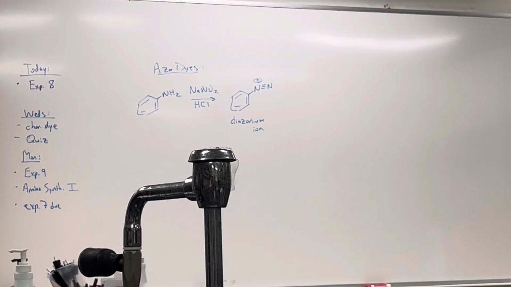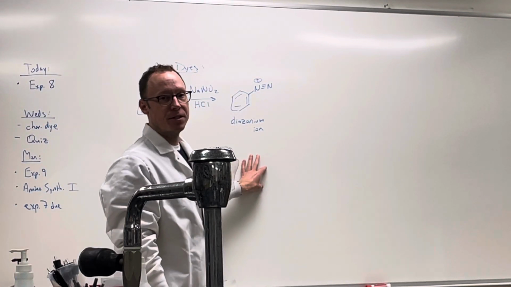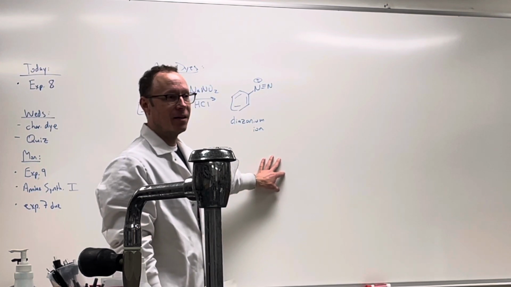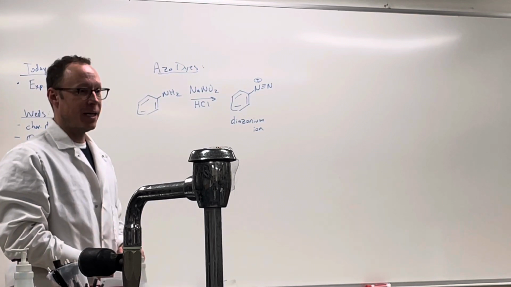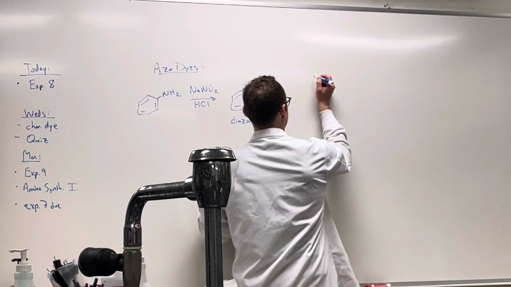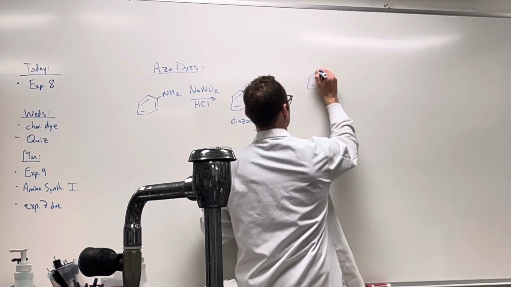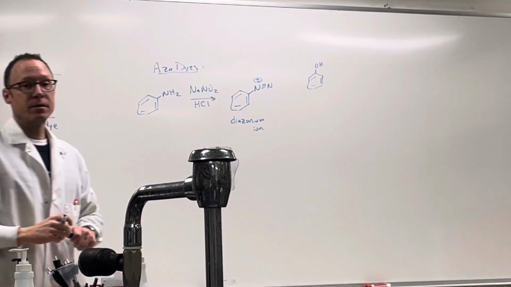It turns out once you make this aromatic diazonium, there's a whole bunch of different things you can do with this. And we'll get into all of that on Wednesday in lecture. But one of the things that you can do, which you're going to be doing today, is you can take the aromatic diazonium and add to it an electron-rich benzene ring.